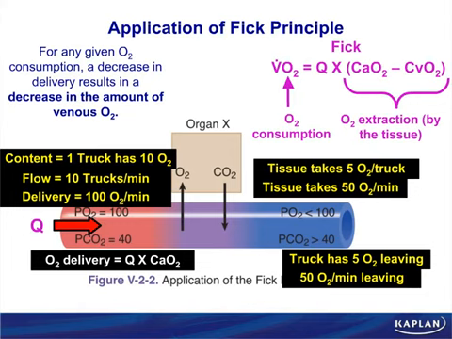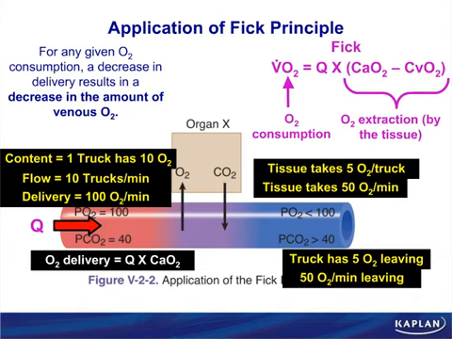Well, let's say that a truck now, instead of having 10, has 7 oxygens, which would mean oxygen content has gone down. Well, that means delivery dropped from 100 oxygen per minute to 70 oxygen per minute. We're going to keep the flow the same. So we have 10 trucks per minute. Each truck has 7 oxygens.